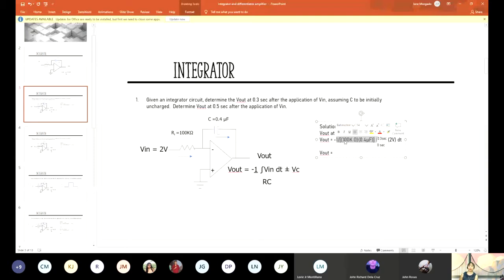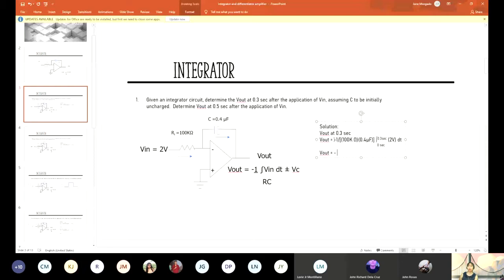Micro is times 10 to the -6, right? 100K is 100 times 10 to the +3, times 0.4 times 10 to the -6, then inverse. What's the value? What did you get?